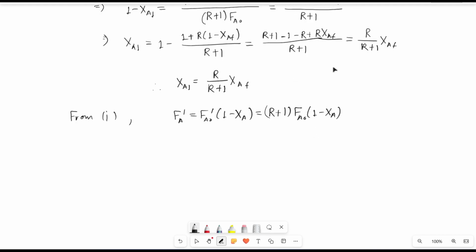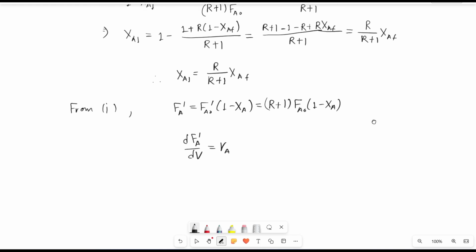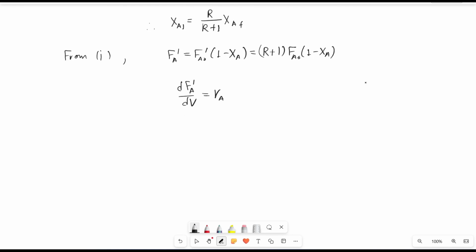Now we know that for a PFR the differential equation is dFA prime by dV equals RA. Now if we simplify this expression, (R plus 1) FA naught dXA by dV equals minus RA.